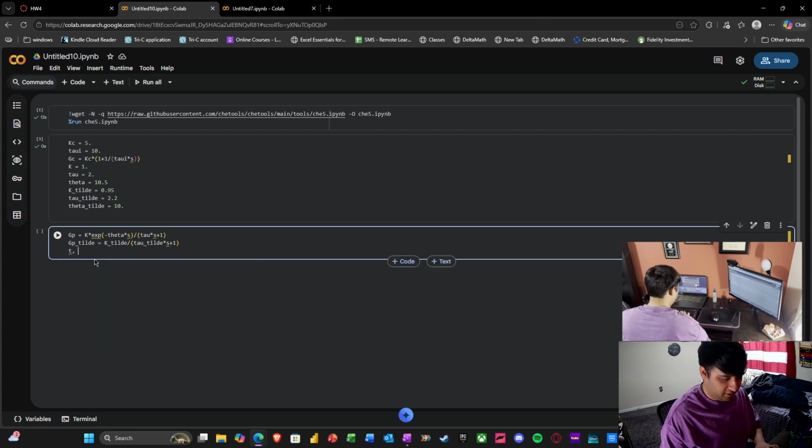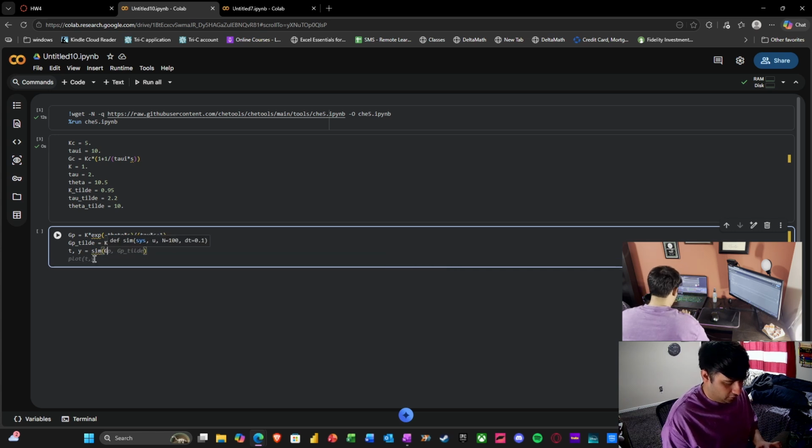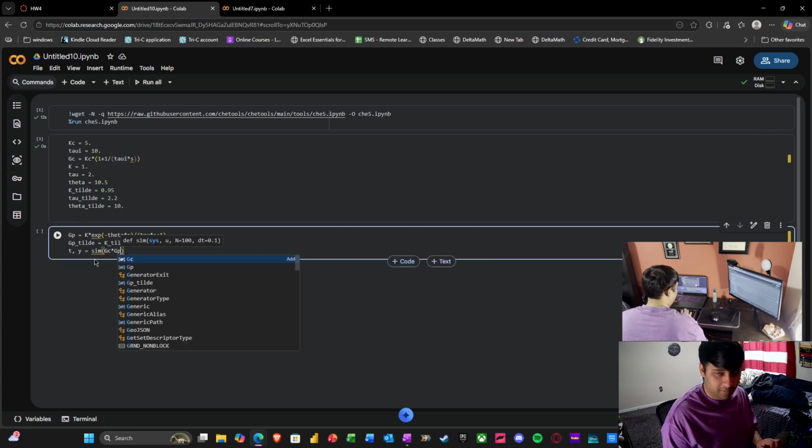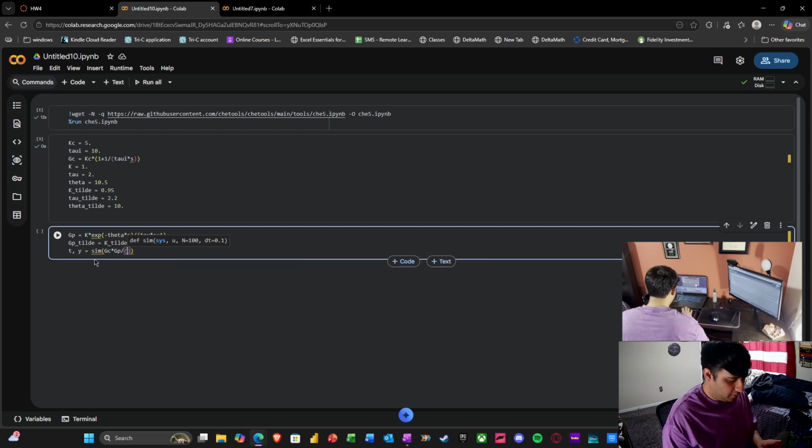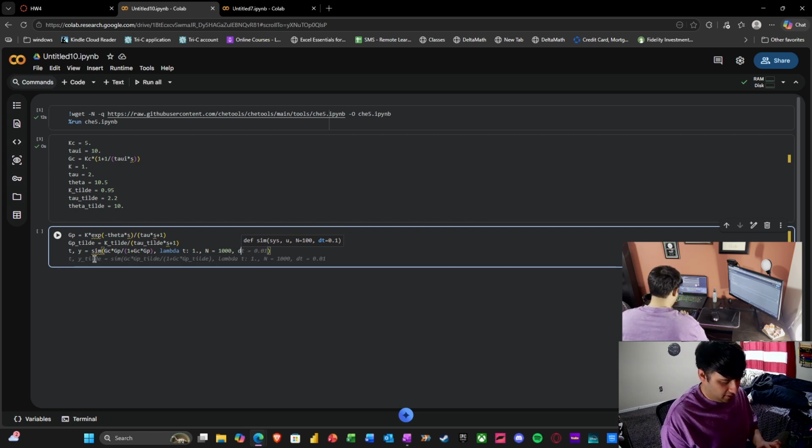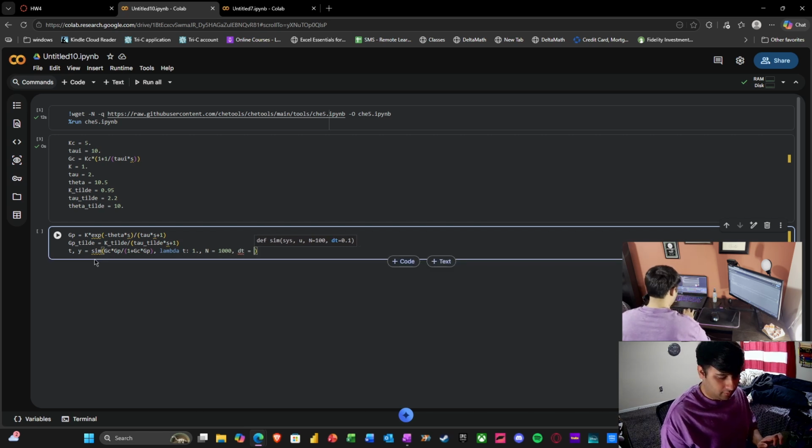And then for our t and y, we're going to simulate our GC times GP divided by 1 plus GC times GP, lambda t is 1, and then n equals 1000, dt equals 0.1.